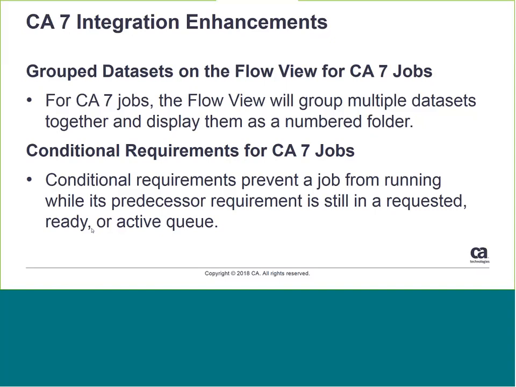You'll see here that we grouped data sets on the flow view for CA7 jobs. If there were multiple data sets together, they're displayed as a folder in 12.0.2, and we also allowed for conditional requirements within CA7.